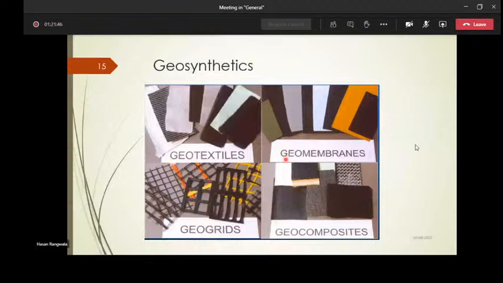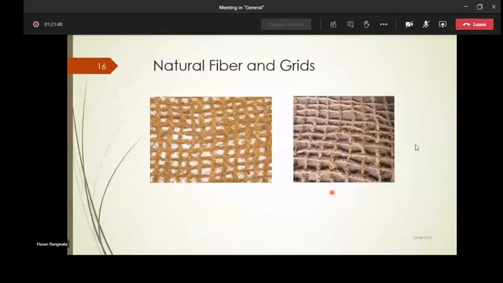Similarly, I can use natural fibers also, which nowadays in India has been quite prevalent. You must have heard in the media that new projects are coming up with natural fibers. Simple example: you must have seen the coir fibers or the coir grid.